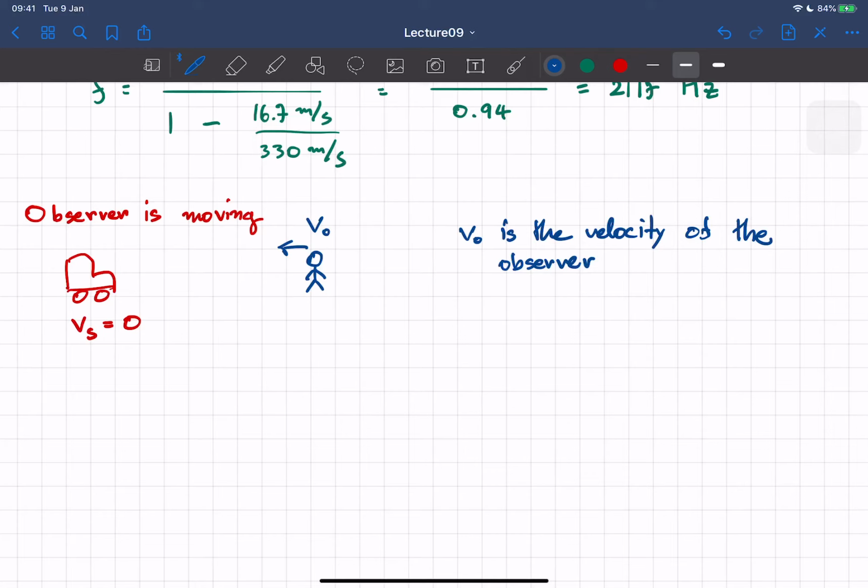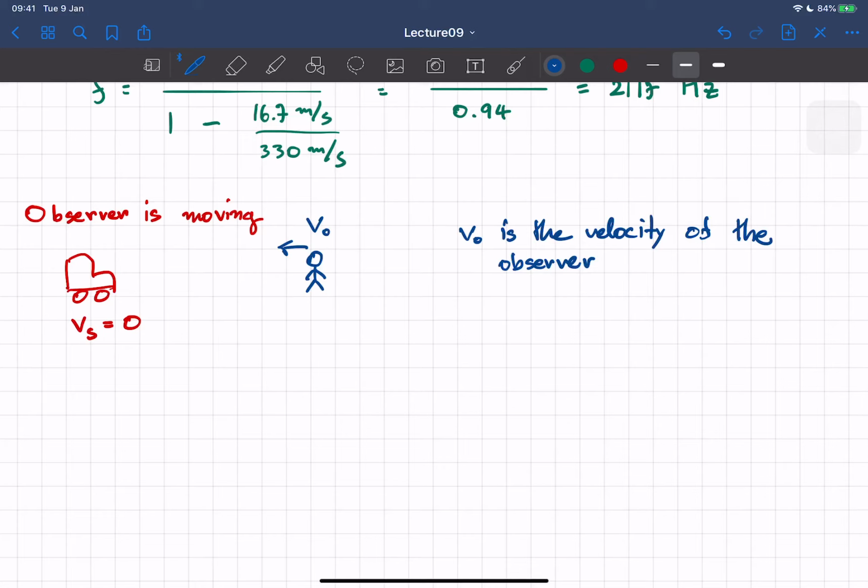The way we analyze this is a little bit different from what we had earlier. What we had earlier is we looked at how the moving source compresses or stretches the wavelength. But in this case, the movement of the observer actually changes the apparent sound velocity.